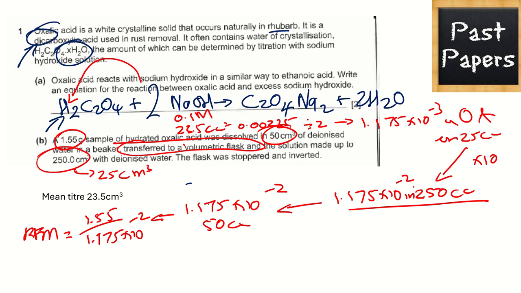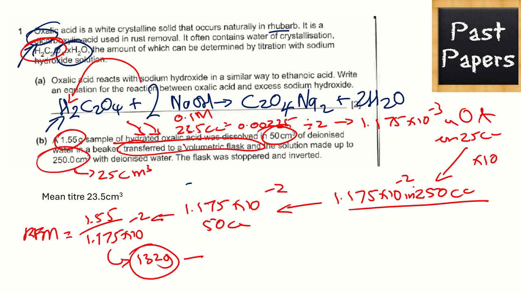And that gives me an answer of 132 grams. That is the hydrated crystals, remember. It tells us that up here. Now I'm going to take away from that the proportion of this to find out how much water was in it.